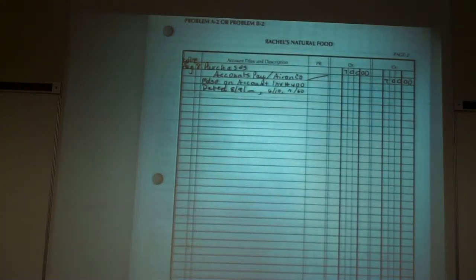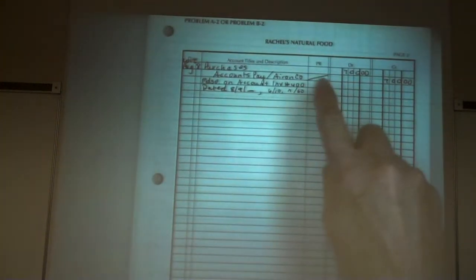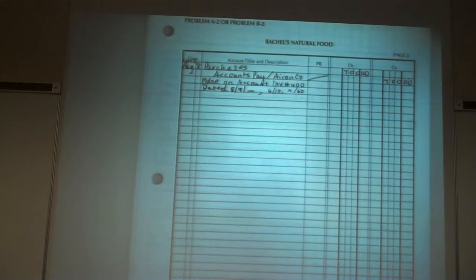Our suppliers and our customers, going back to Chapter 9, don't have account numbers in this book. So we just will use a check mark when we post those. This book, for some reason, just didn't have account numbers there. Most of the time we do have account numbers for accounts receivable and accounts payable.